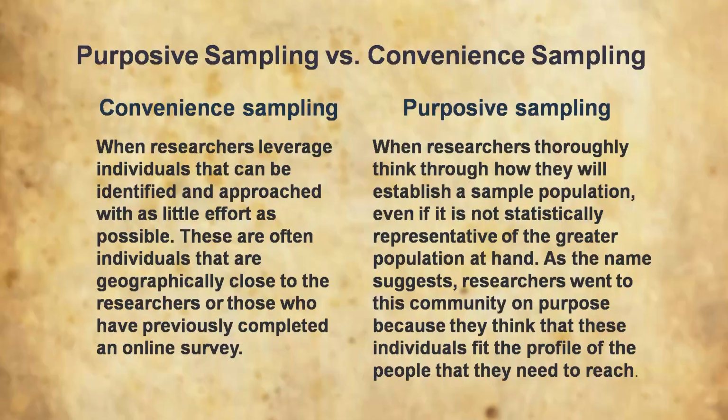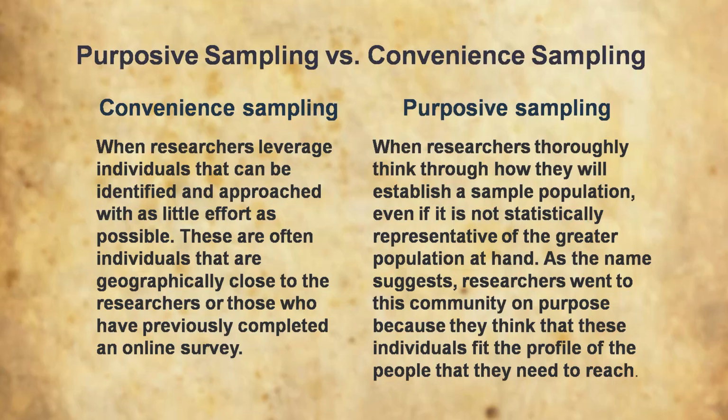There is a basic difference when we talk about convenience sampling and purposive sampling. The researchers in convenience sampling have the leverage that individuals can be identified and approached with as little effort as possible. These are often individuals that are geographically close to the researcher or those who have previously completed an online survey.